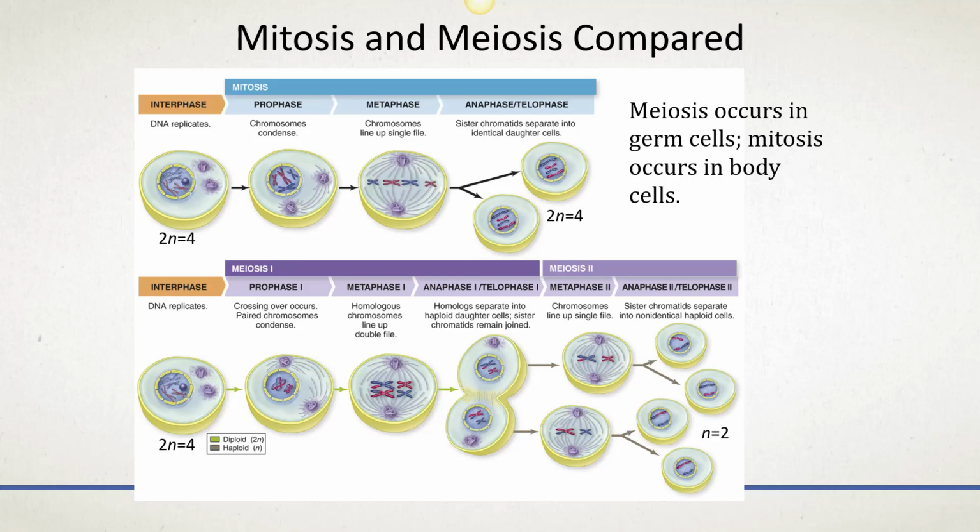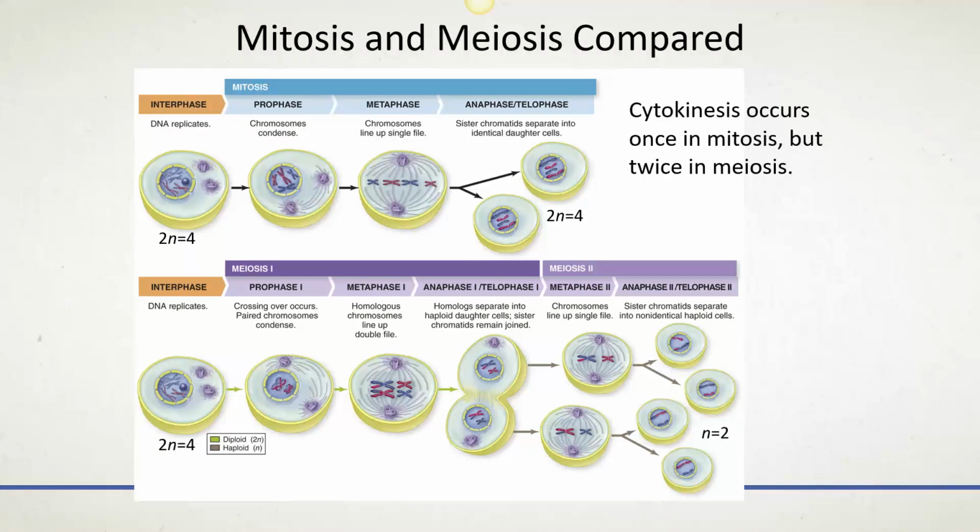So if we compare mitosis and meiosis, meiosis occurs in germ cells, so only in the gametes, sperm and eggs. Mitosis occurs in all body cells. Cytokinesis occurs once in mitosis, but twice in meiosis.